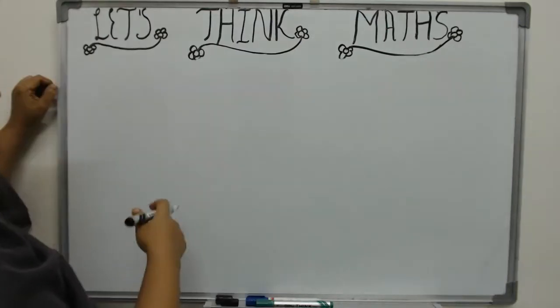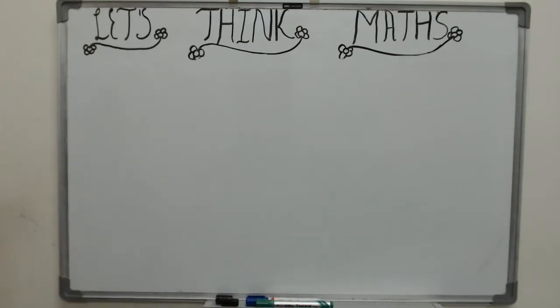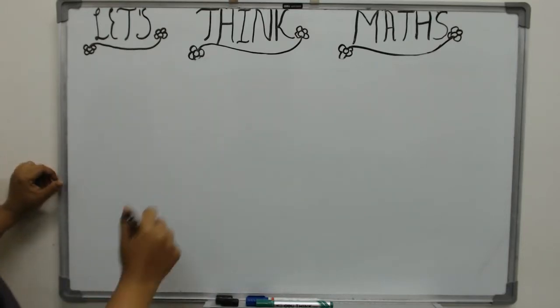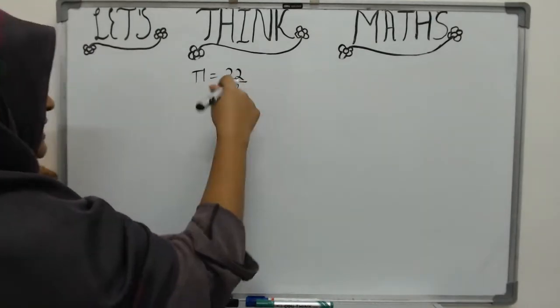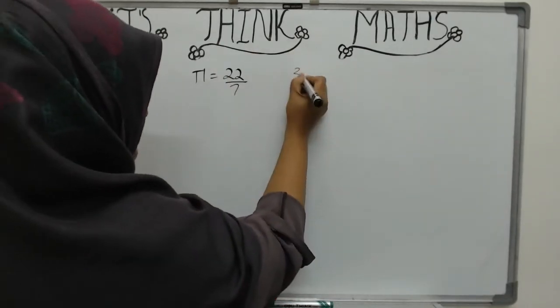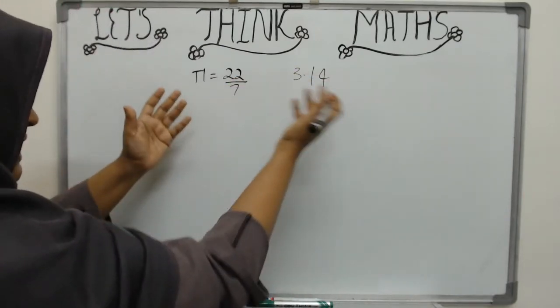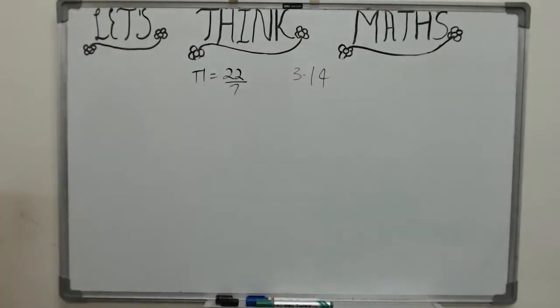Now, before we start doing the practice questions, I just wanted to share something with you. In the questions, sometimes you will notice that in the brackets it will be written take pi is equal to 22 by 7. And in some cases they will write take pi is equal to 3.14. Now these are both more or less the same, approximately the same. But then how do you know which of these values to take?